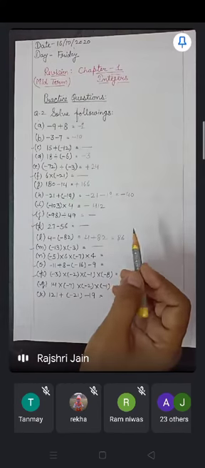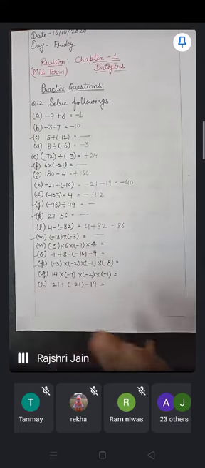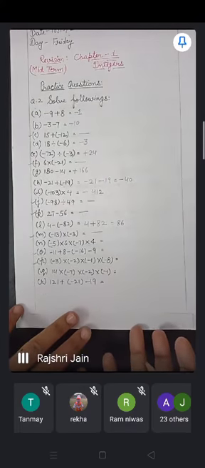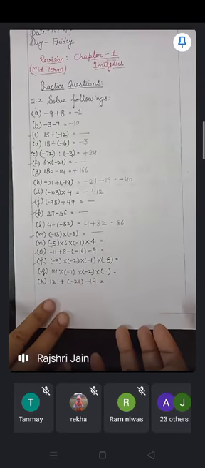Now see these questions. With the help of this, if more than two integers or many more integers are given to you, you just have to count the number of negative signs and you can put the sign directly.